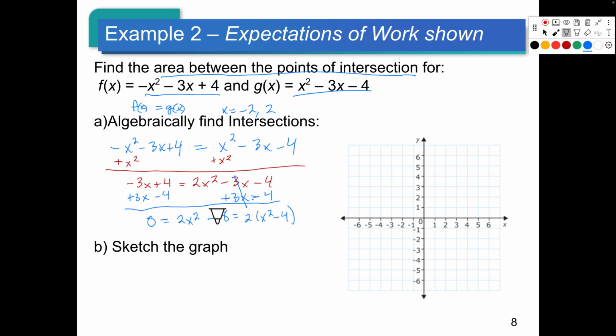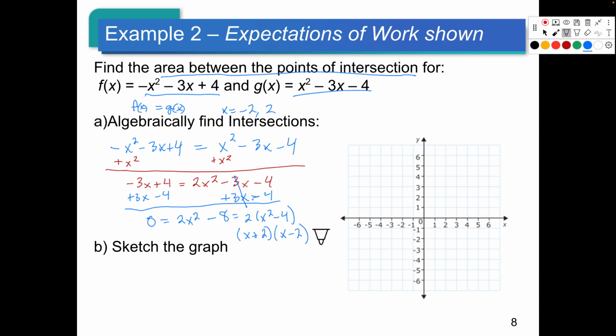Divide by 2. 0 divided by 2 is still 0. So we could solve this x squared minus 4. We could use the quadratic formula, but we could also use factoring. You could also add 4 to both sides and then take the square root, and you get plus or minus 2. Or you can notice that x squared minus 4 factors into x plus 2, x minus 2.